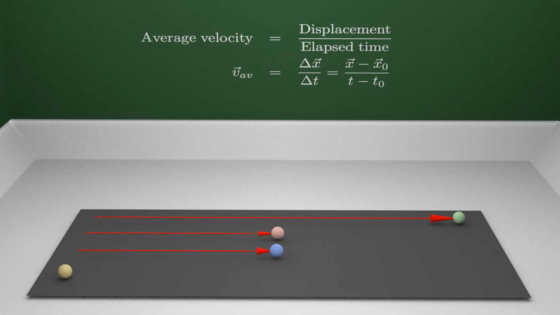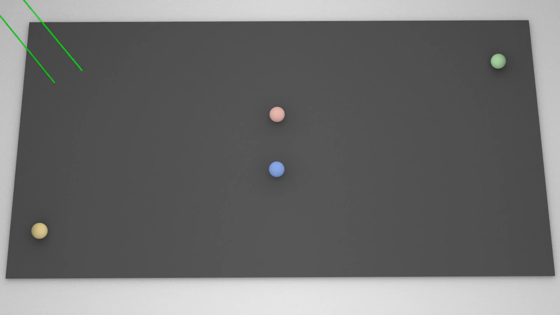Now, using displacement, we can define the average velocity. It is a vector equal to displacement over elapsed time. But let's look at the genesis of the red vectors. For the green and the red particle, it is quite simple.